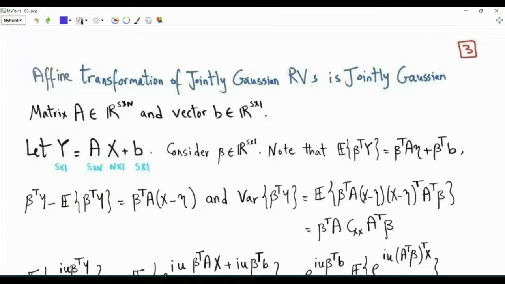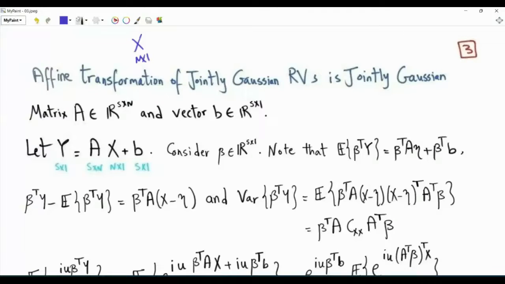So suppose that we have a Gaussian vector x, n by 1, which means that the components of this vector are random variables and those are jointly Gaussian. So they satisfy this property that a weighted sum of them will give us a scalar Gaussian random variable.